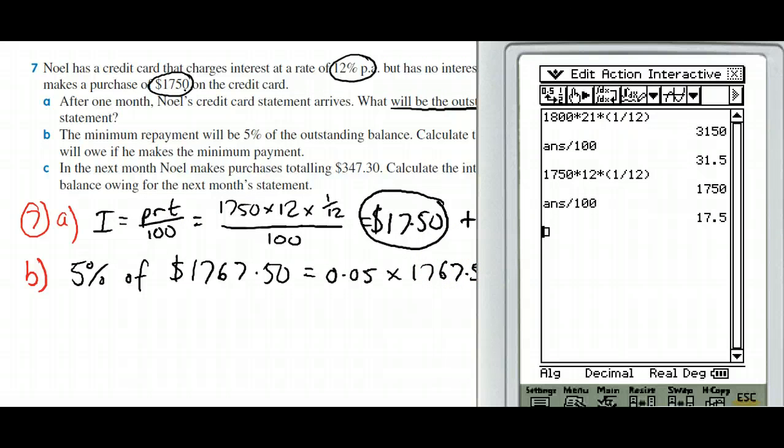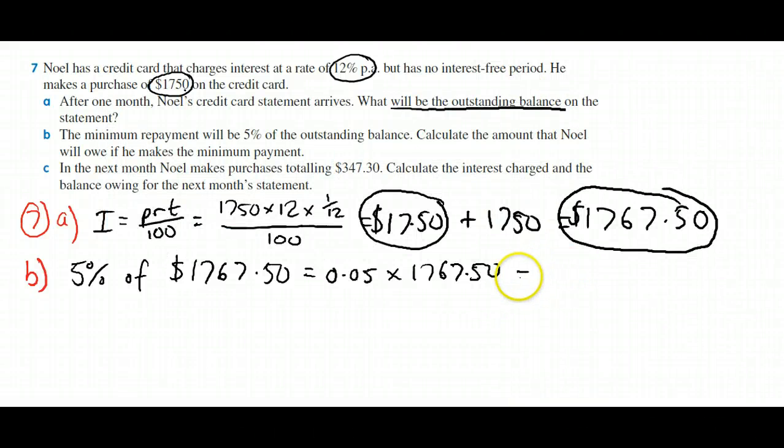Let's see what that is. 0.05 times 1767.5, we get 88.38. So Noel has to pay $88.38 if he wants to keep the credit card happy by making that minimum payment.